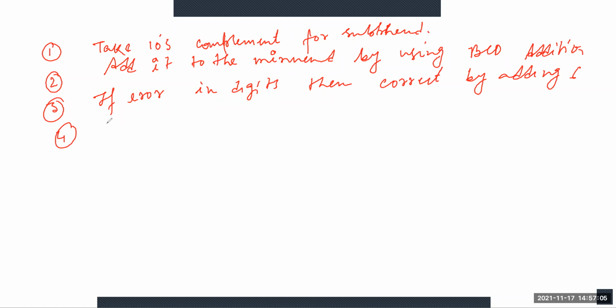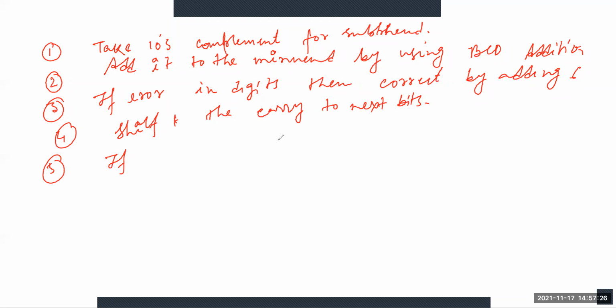Fourth one is to shift the carry to the next bit. Fifth, if an end around carry is there, then discard.